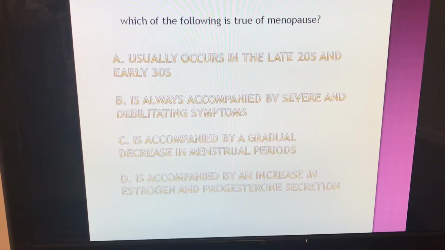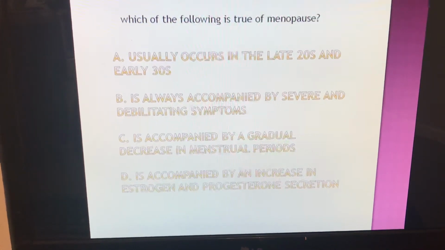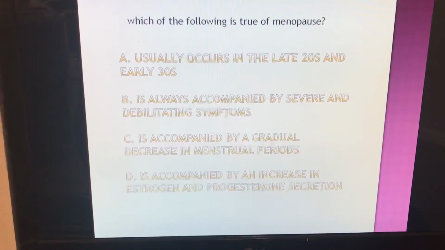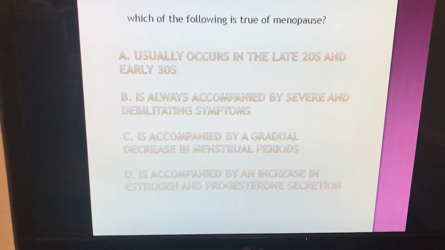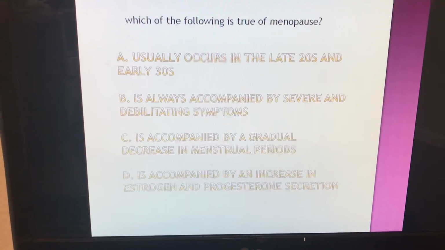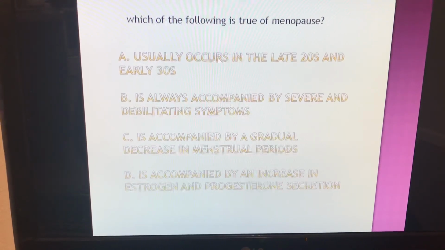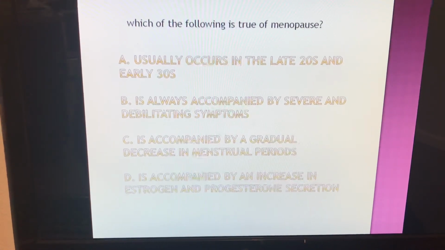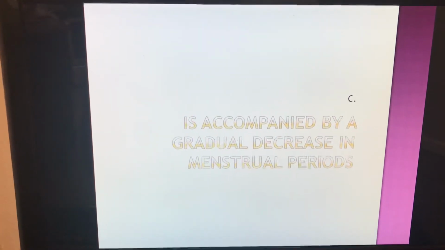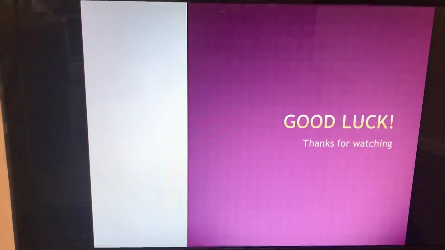A, usually occurs in the late 20s and early 30s, B, is always accompanied by severe and debilitating symptoms, C, is accompanied by a gradual decrease in menstrual periods, or D, is accompanied by an increase in estrogen and progesterone secretion. C, is accompanied by a gradual decrease in menstrual periods.